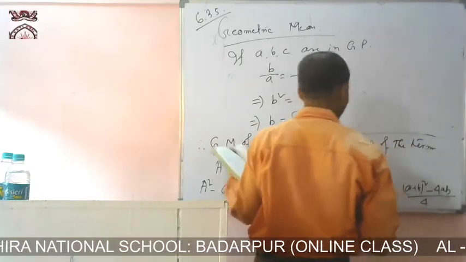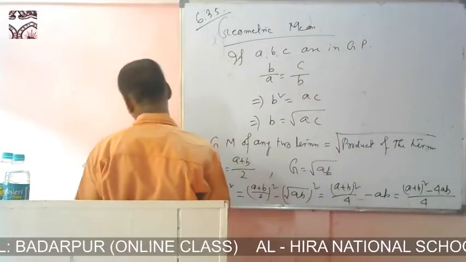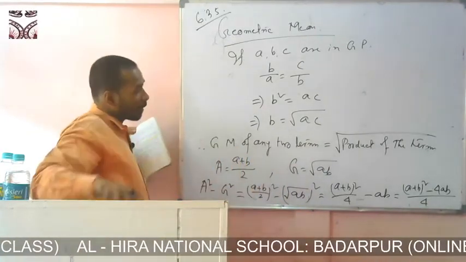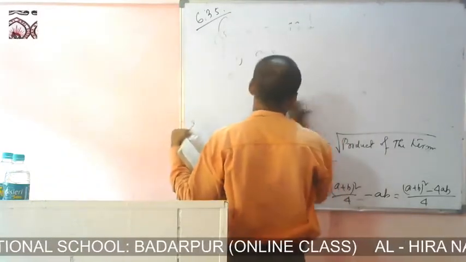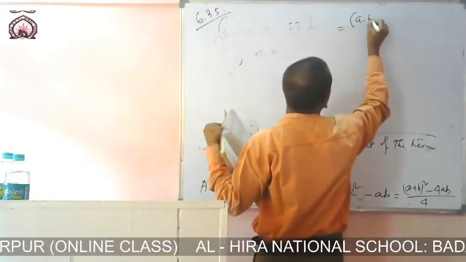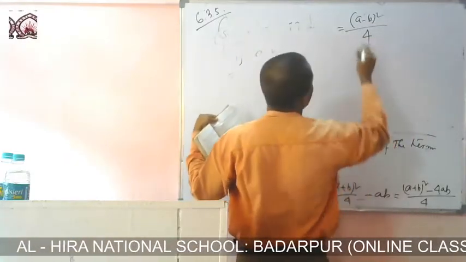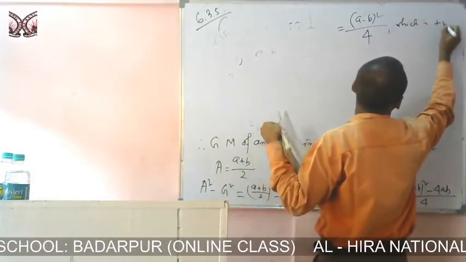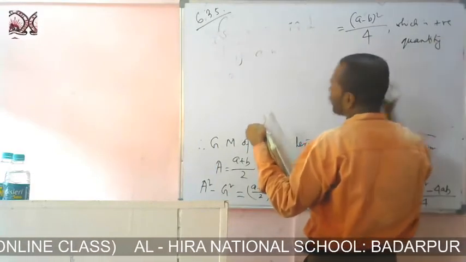And this one we can write as (A minus B) whole square by 4, which is a positive quantity, because it is a square.